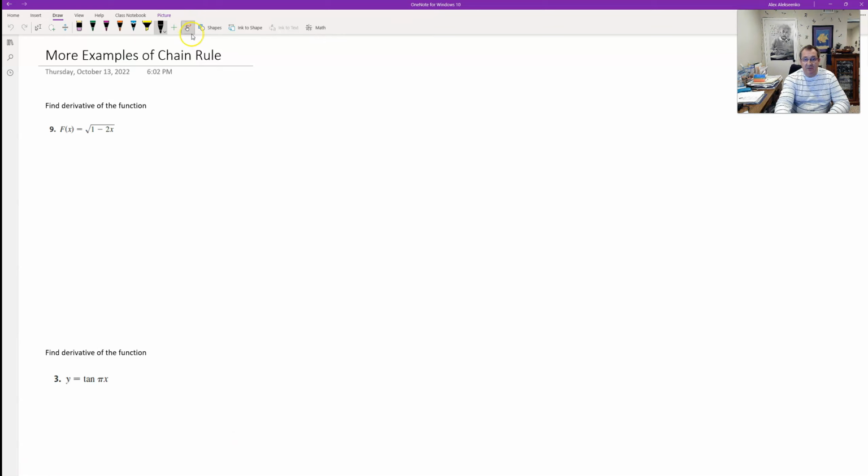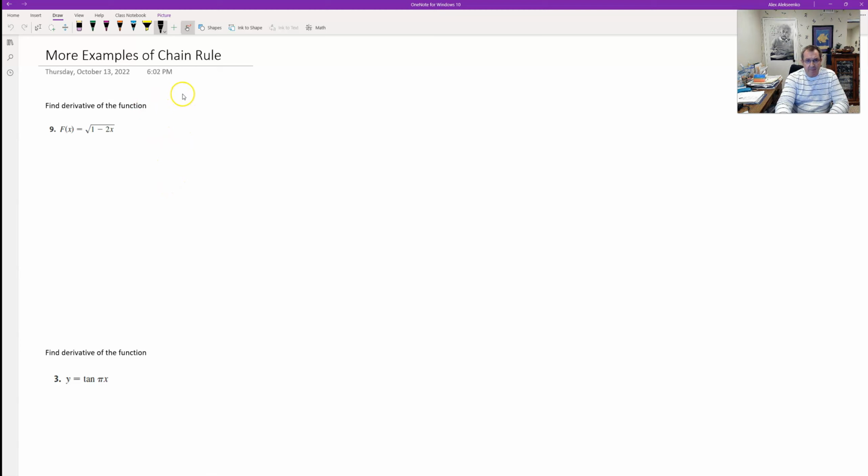Let us now consider a few examples of using the chain rule. In the beginning, we will go slow, but eventually we will accelerate and start skipping some steps. But in the beginning, I would like to go very slowly and break down the problem into smaller steps.